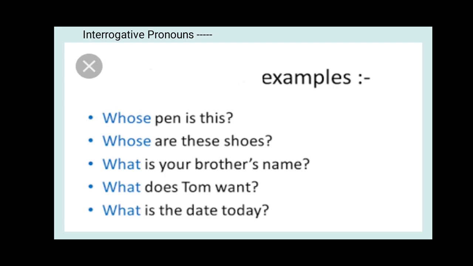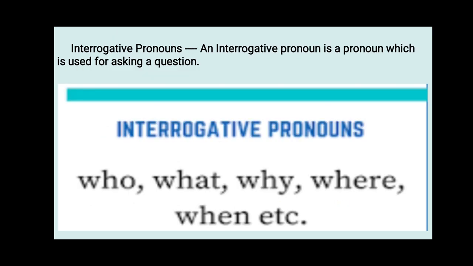So it means that the pronouns are asking certain questions, and this is called our interrogative pronoun. Now, students, let me first give you the definition of this kind of pronoun. An interrogative pronoun is a pronoun which is used for asking a question.